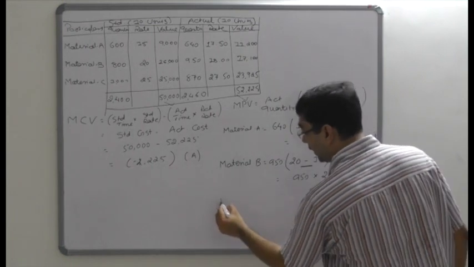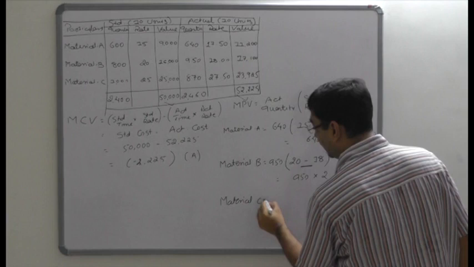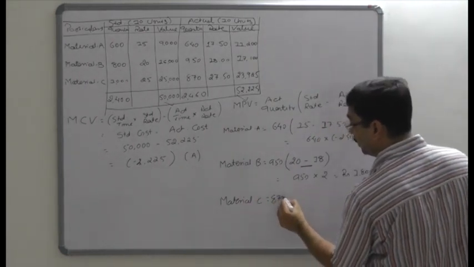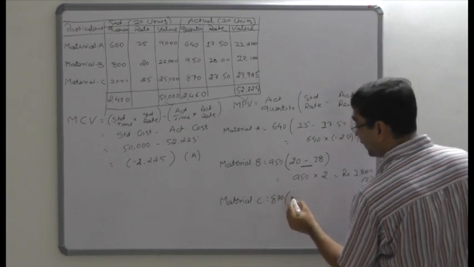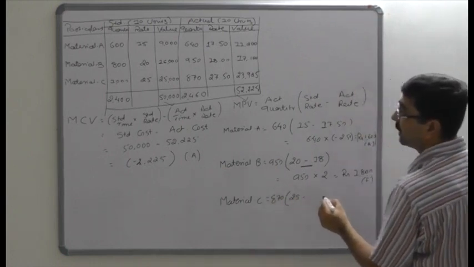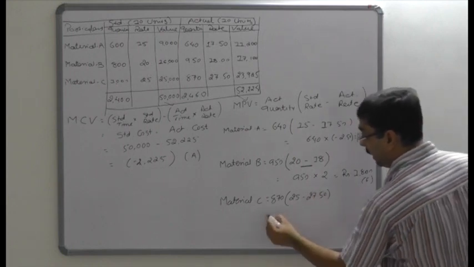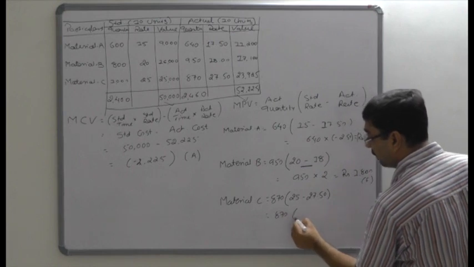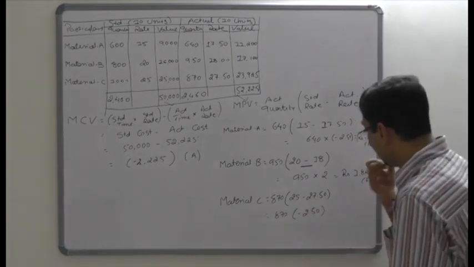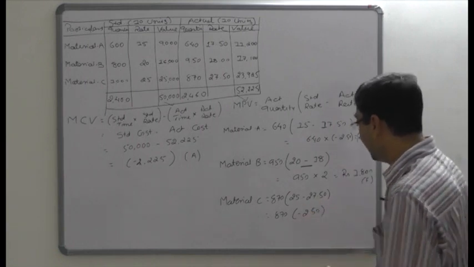Now we'll see in the case of material C. The actual quantity is 870 units, and the rate comparison is 25 rupees standard and 27.50 actually incurred. So 870 units multiplied by minus 2.50, because their actual rate is higher than the standard rate, and that's why it's negative.